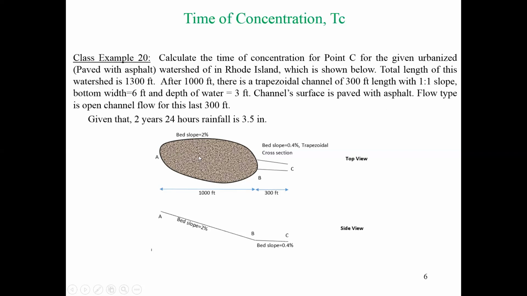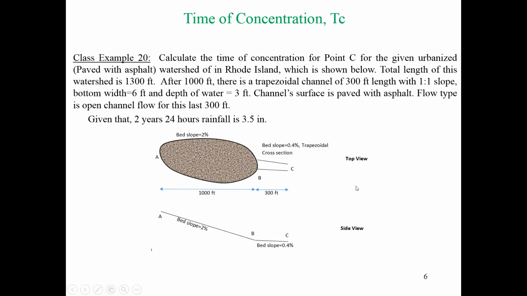So basically the surface type at this watershed and this trapezoidal channel is the same. Both are paved with asphalt. They also mentioned the flow type is open channel flow for this last 300 feet. And given that the 2 years, 24 hours rainfall is 3.5 inch.